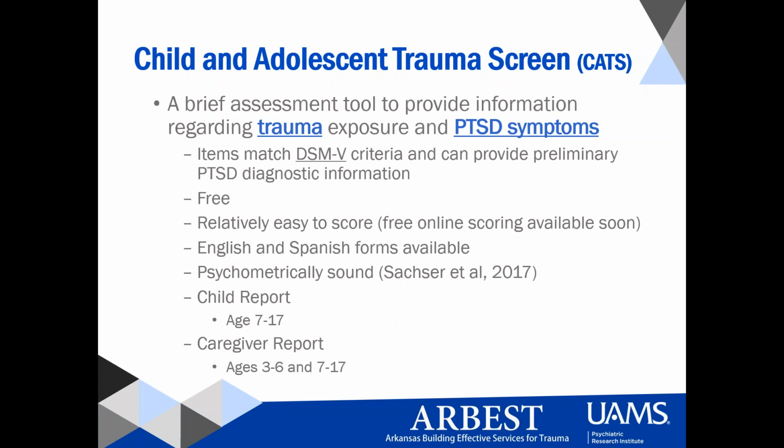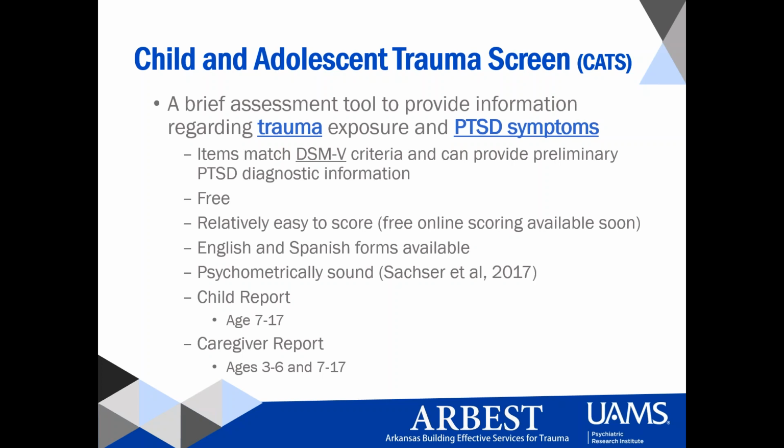And generally speaking, the older children are, the better reporters they are. So if you have an adolescent, you're going to give more weight to that child or adolescent report. The younger the child is, the better the caregiver is at reporting symptoms. For the adolescents reporting on themselves, they become more independent. They're more aware of their own internalizing symptoms, and those aren't often picked up by caregivers.